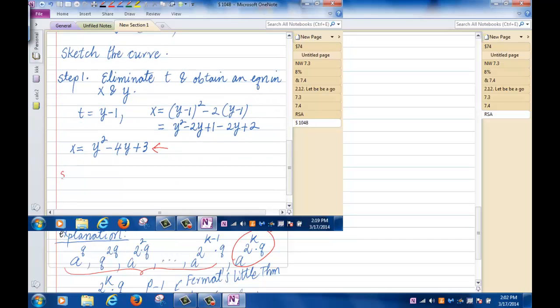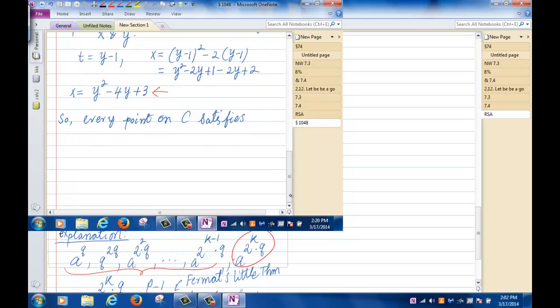So I can say every point on C satisfies the equation x equals y squared minus 4y plus 3.